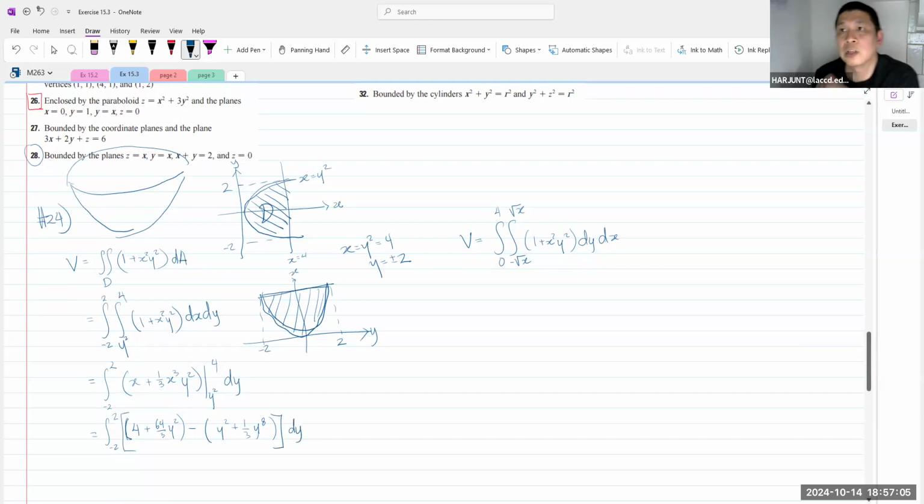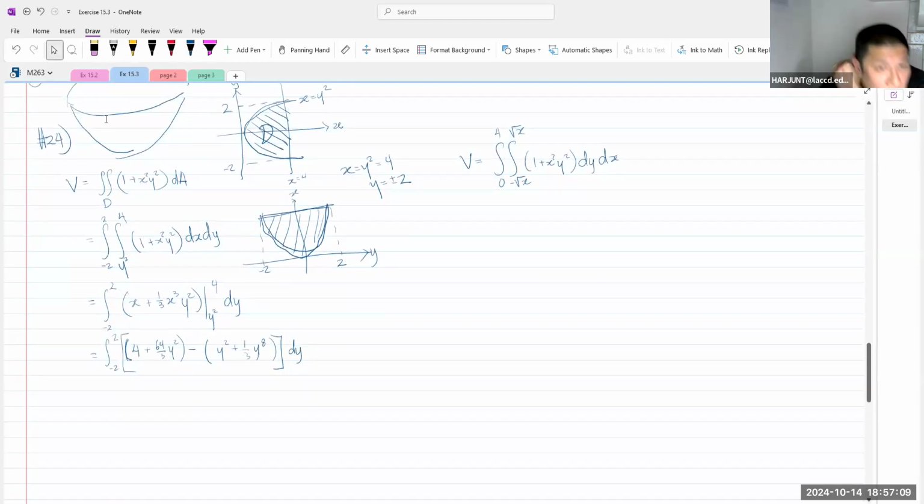I think from here you can just proceed yourself, right? Oh, you know what? All the terms inside are even functions, so I can double it. So this is 2 times the integral from 0 to 2. Okay, so I have 4 and then plus 61 over 3 y squared minus 1/3 y to the 8th dy.